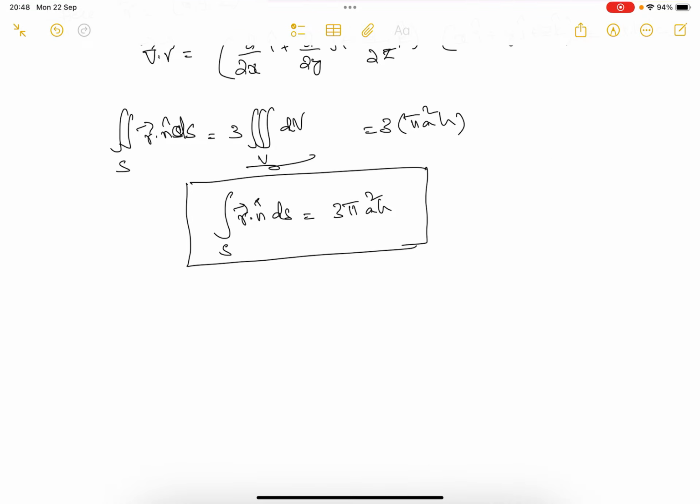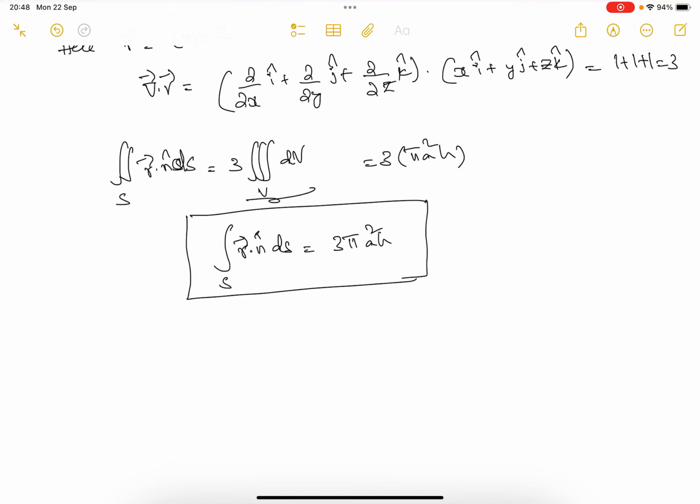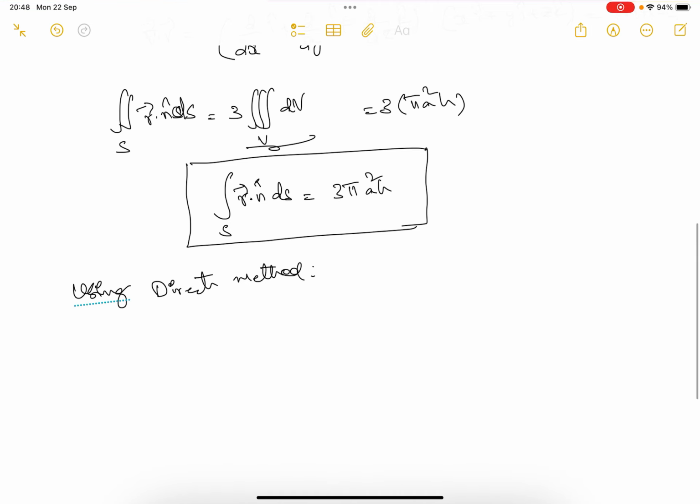Let's make a try and see whether it's true. In the curved surface, first we need to calculate using the direct method. That means we are not using any Gauss divergence theorem here, just evaluating. In the Gauss divergence method, we just applied del bar dot r bar and proceeded.